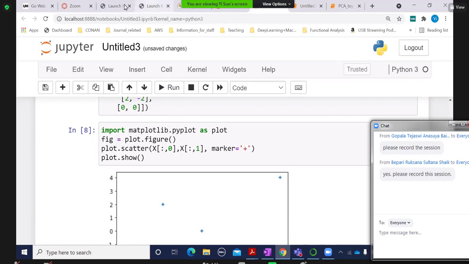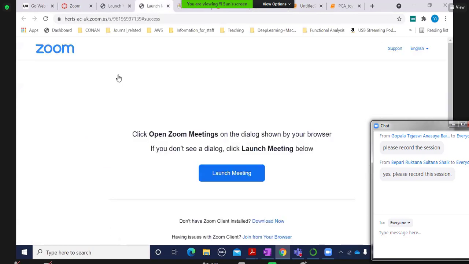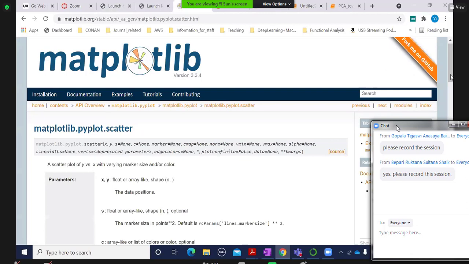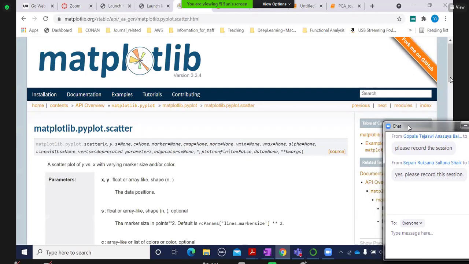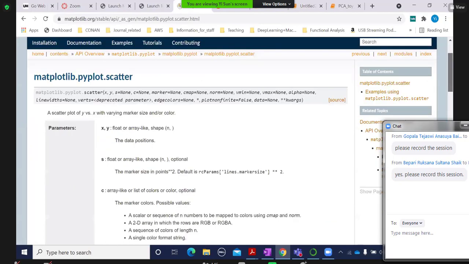Then you Google it online to see what this function is and what arguments you can use. Here, x and y are the data points, and c is an array-like list of colors. c can be used to define colors.